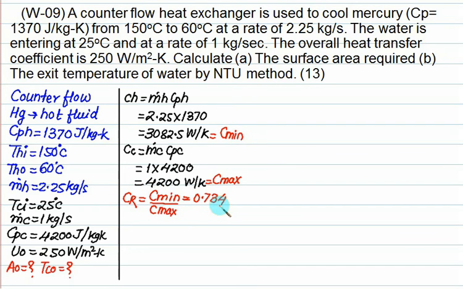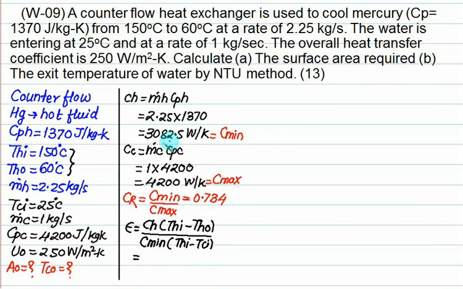CR is 0.73. We have an equation of effectiveness. Now this time we know the temperature of hot and cold, so first of all we'll use the definition of effectiveness: CH times (THI minus THO) divided by C minimum times the maximum difference, THI minus TCI.